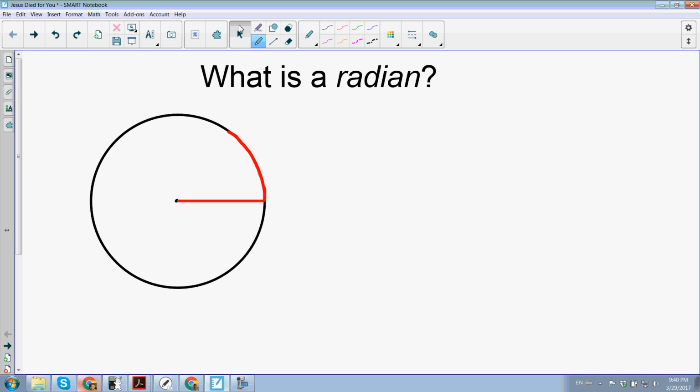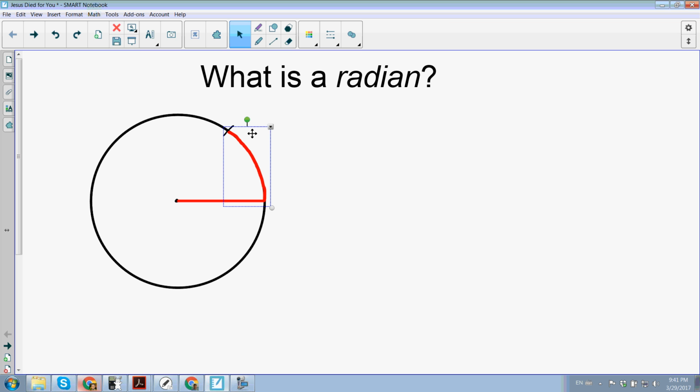Okay, now that is one radius length on the circle. Okay, well, so assuming that is exactly one radius length on the circle, I'm gonna put a little mark right here.